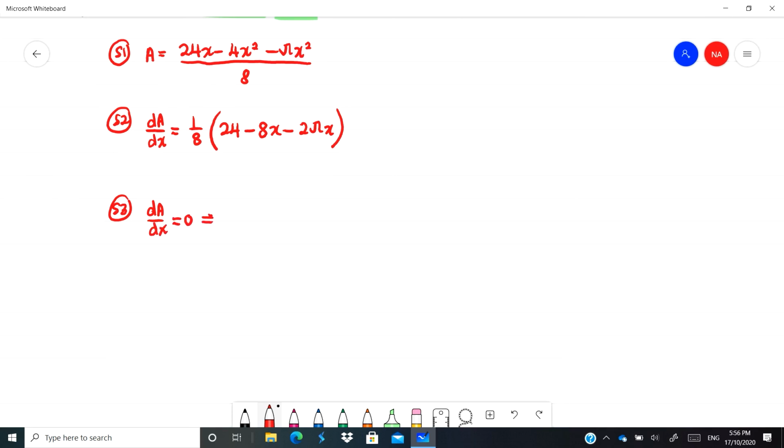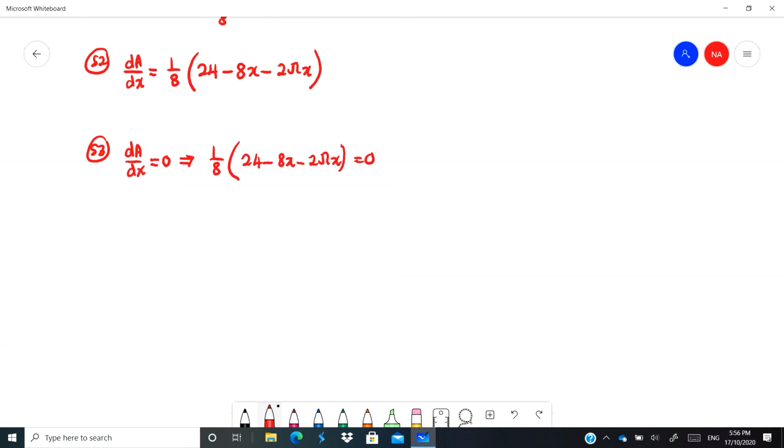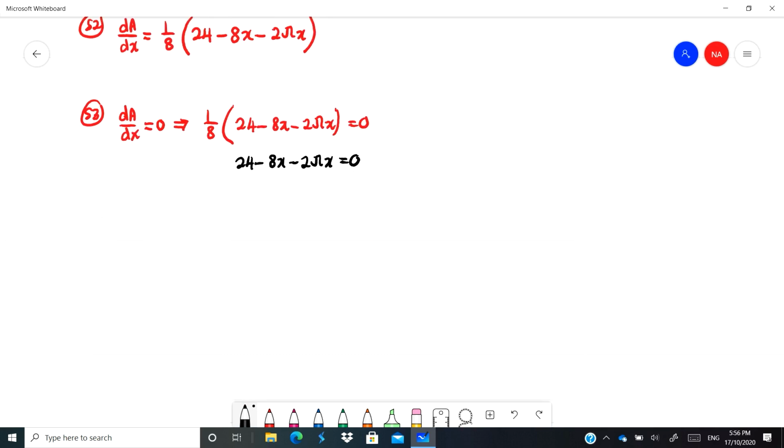So 1 over 8 times 24 minus 8 of x minus 2 pi of x is equal to 0. We'll move that 8 to the 0, multiply, so we're left with 24 minus 8x minus 2 pi of x equal to 0. I'll move 8x to that side, so I'll write 2 pi of x equal to 24.